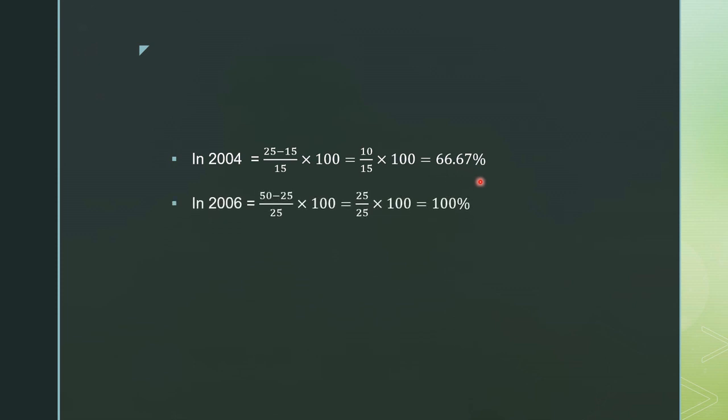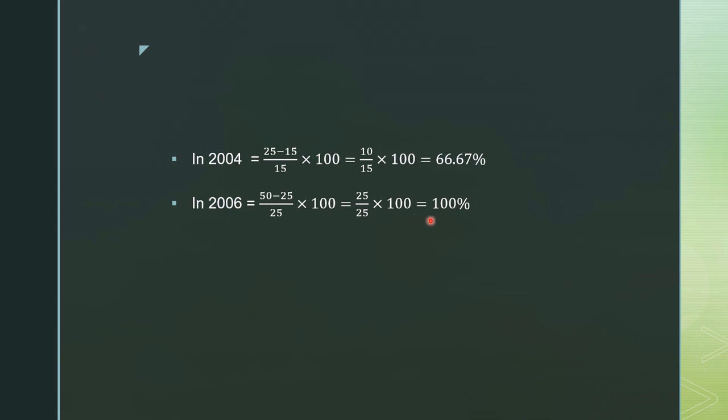And the option C is, in 2006 the percentage value is final value 50 minus initial value 25 divided by initial value 25. So 50 minus 25 divided by 25 into 100, that is equal to 25 divided by 25 into 100, that is equal to 100%.